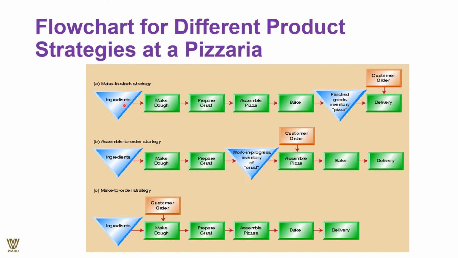Now this is make to stock strategy, but in assemble to order, we have already prepared the dough and the crust. Now we are waiting for orders to come. The moment the customer orders, we just assemble the pizza, bake, and deliver. See, a simple thing. But in make to order, we are still waiting for the customer's order to take place.